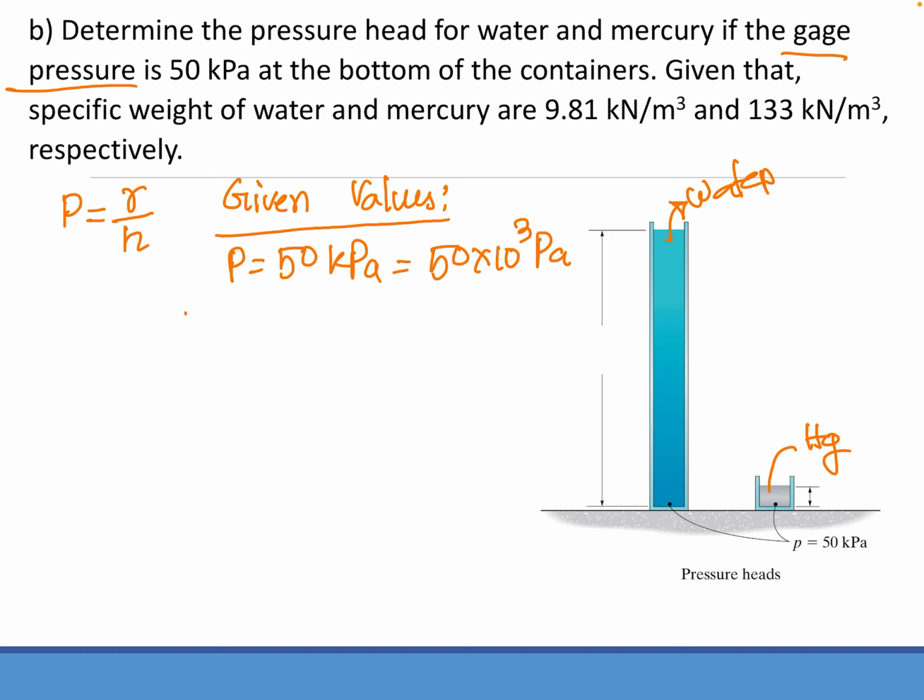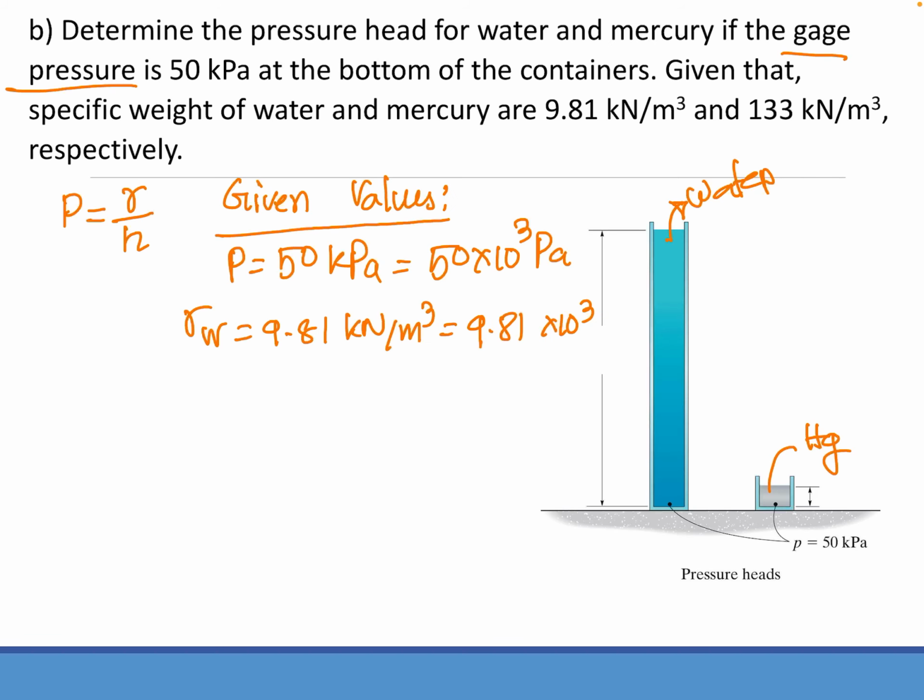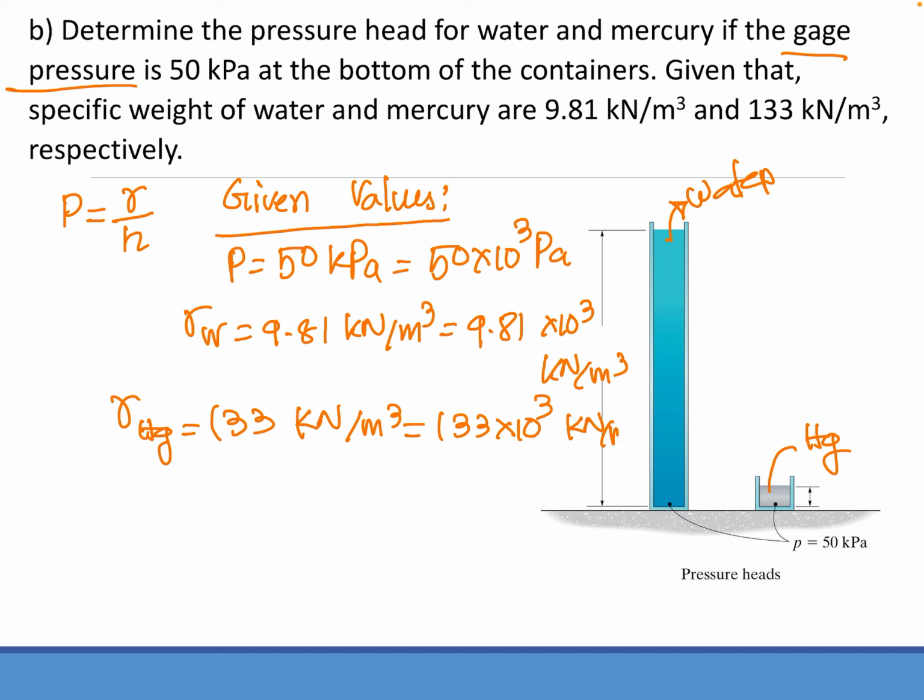We know the gamma water, 9.81 kilonewton per meter cube or 9.81 times 10 to the power 3, and gamma mercury is 133, so 133 times 10 to the power 3, Newton per meter cube.